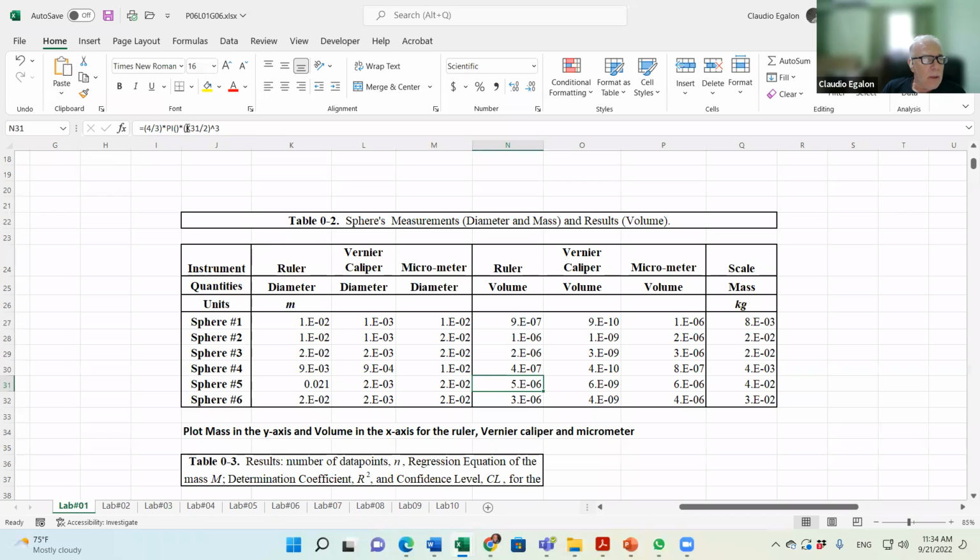This volume is calculated in terms of this measurement. So if this measurement has 2 significant figures, this volume must also be reported with 2 significant figures.